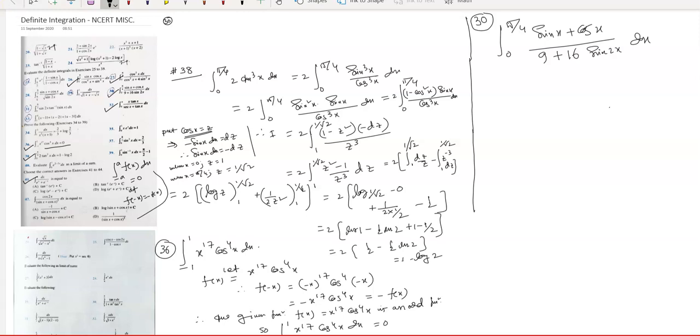Let us see. You write the denominator, because we see sin x plus cos x is there. When sin 2x is there, from past experience this can be written as 1 minus (sin x minus cos x) whole square. Am I right?